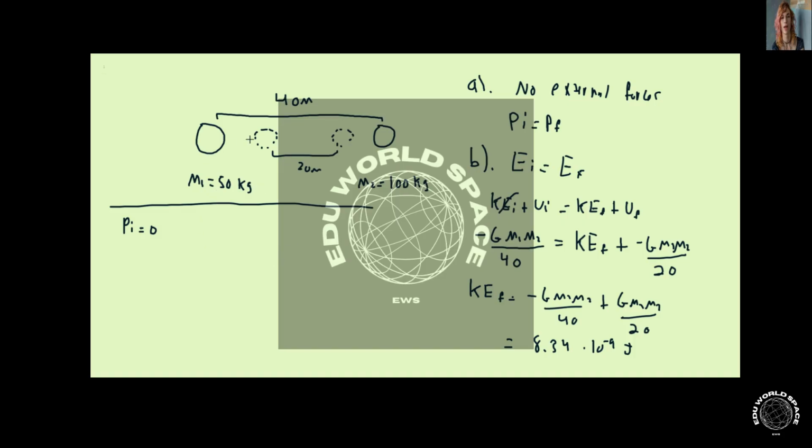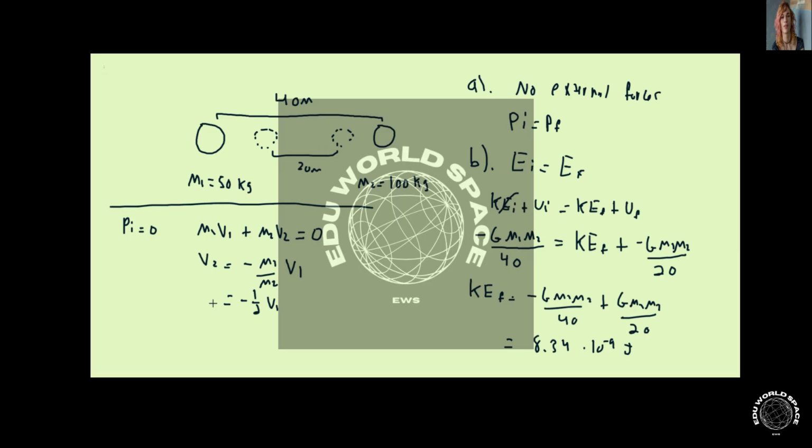Assuming m1 is traveling to the right in the positive direction, we'll have m1 v1 plus m2 v2, so the total momentum has to be zero at any point. And so we can solve for v2 and say v2 needs to be negative m1 over m2 times v1. m1 is 50, m2 is 100, and so v2 must always be negative 1/2 v1. So it's always going the opposite direction, to the left rather than the right, and with half of the magnitude.